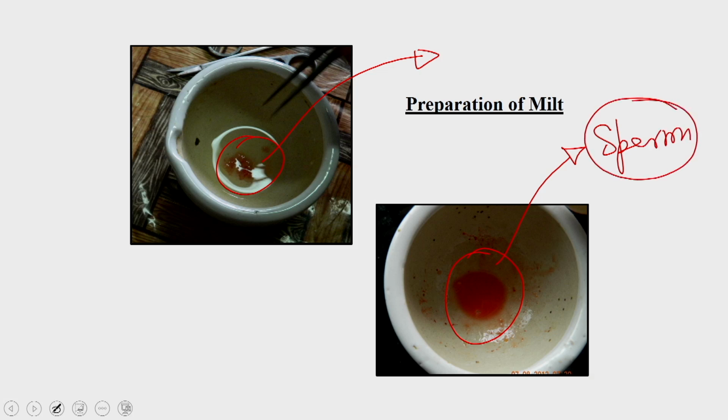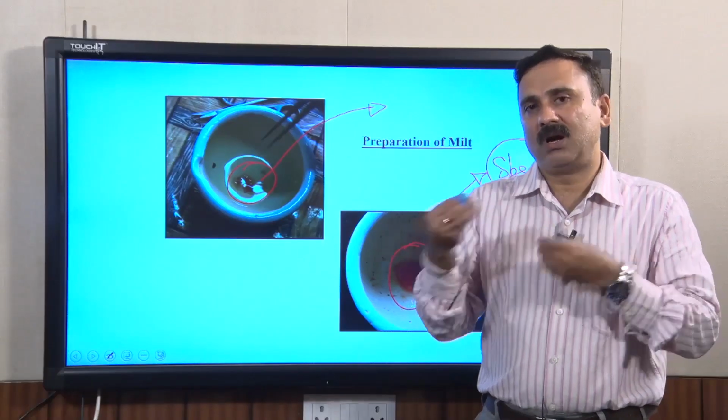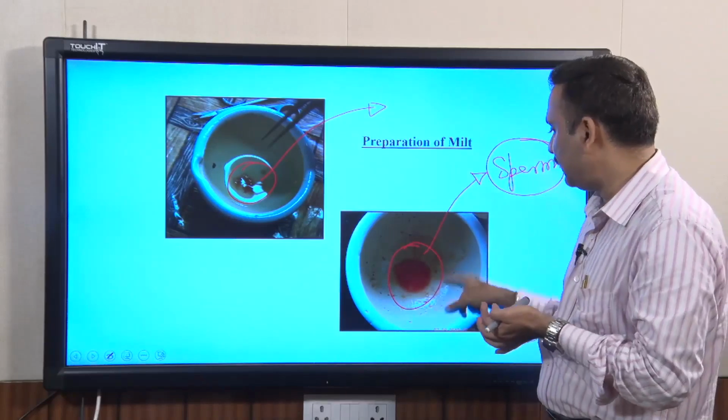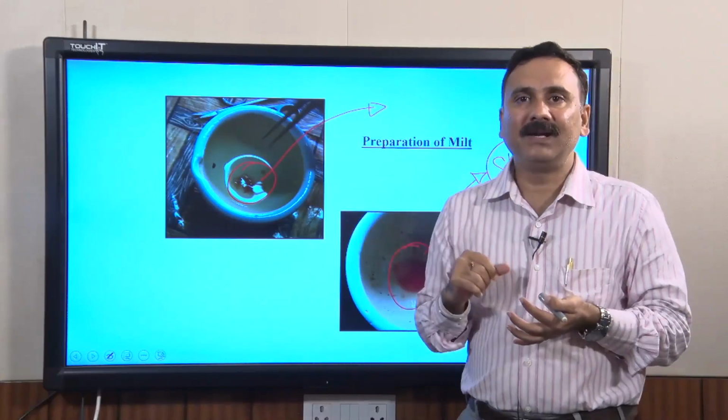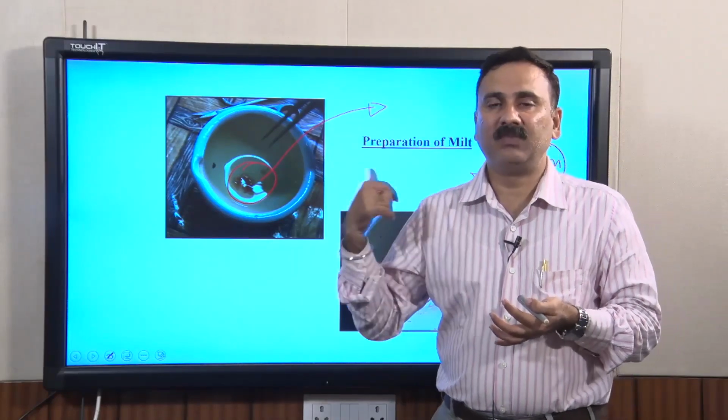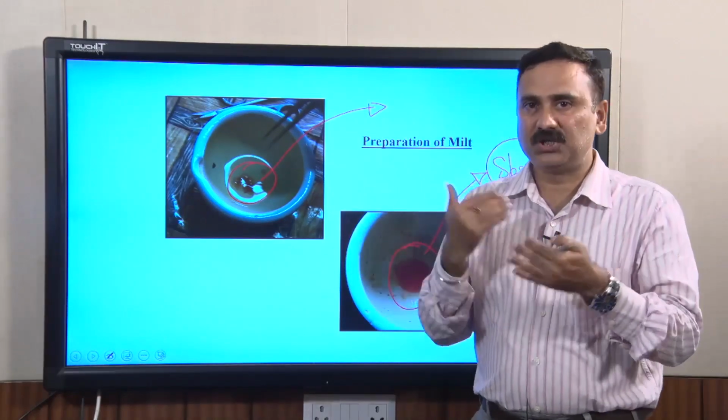So, you are going to crush the testes in such a way that all the sperms present in the testes come out into the solution. Now, this solution is ready to be added to the eggs, so that you can use these sperms to do the fertilization.